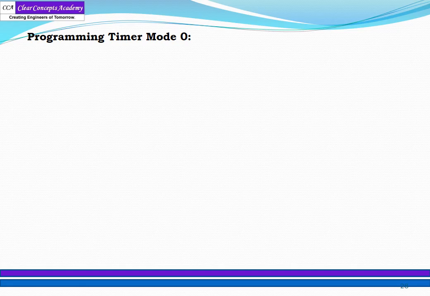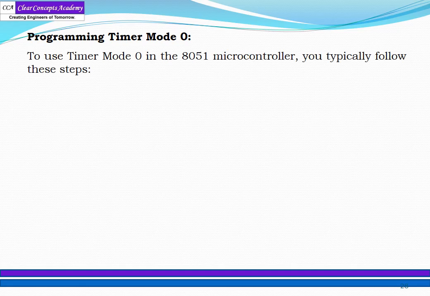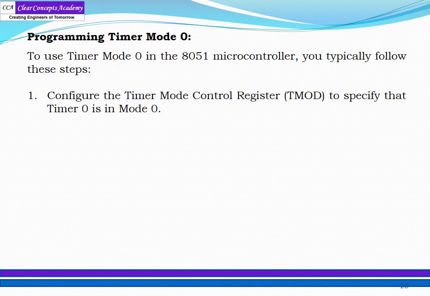Now, programming timer mode 0. How to program it? To use timer mode 0 in the 8051 microcontroller, you typically follow these steps. First, configure the timer mode control register TMOD. You have to configure the TMOD register to specify that timer 0 is in mode 0.